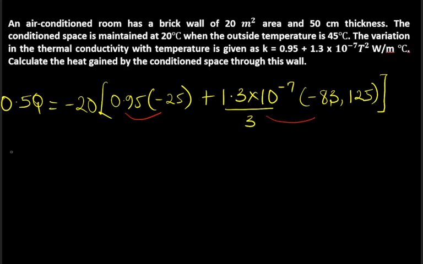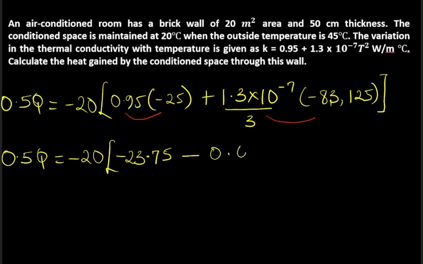So from here we are going to have 0.5 Q equal to minus 20 into 0.95 multiplied with negative 25, which will yield minus 23.75, minus, if we evaluate everything here, 0.0036. Recall, to make something the subject of the formula means to make that thing stand alone. How can we make Q, which is the heat gain, the subject of the formula?